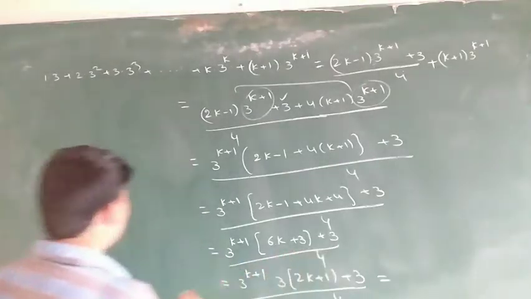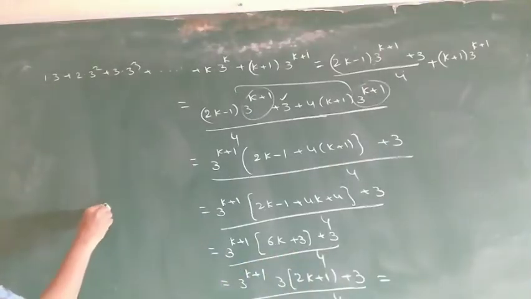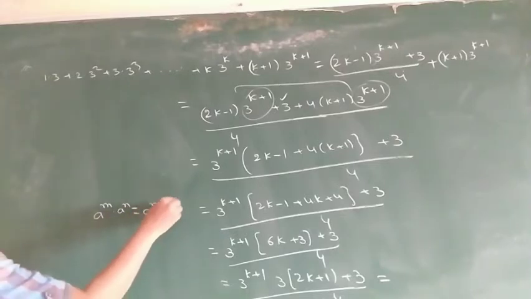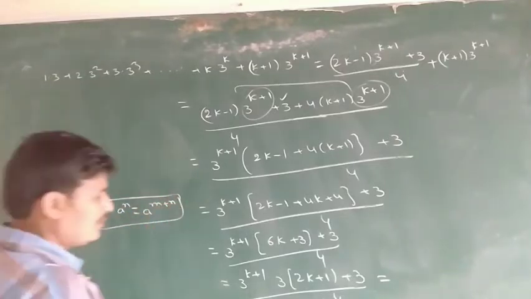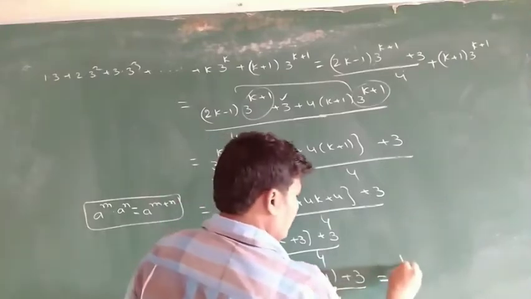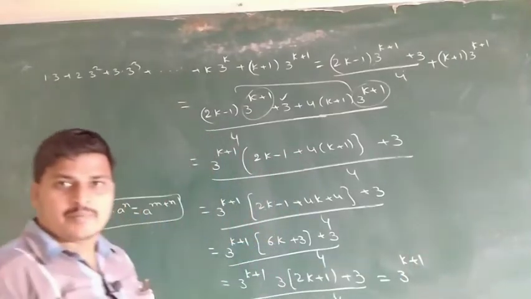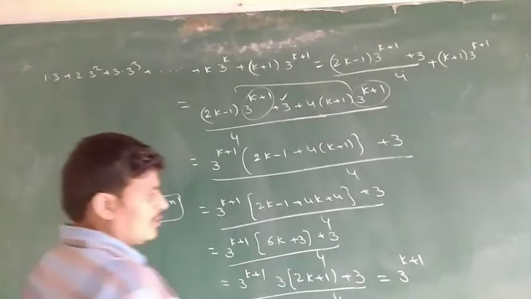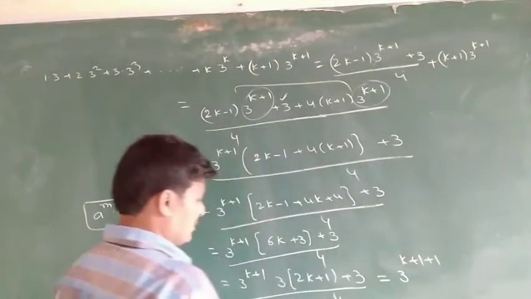So what is the formula? A power m into a power n is equal to a power m plus n. So 3 power k plus 1 times 3, that is 3 power k plus 1 plus 1, into 2k plus 1.